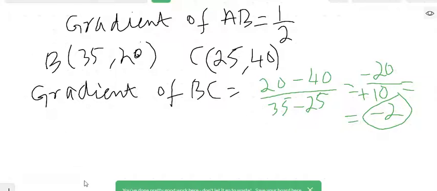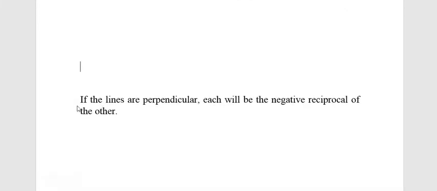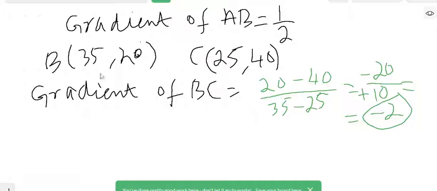The two lines are perpendicular if the gradient of each line is the negative reciprocal of the other. What does it mean? It means that the gradient of line AB is 1 over 2, so its negative reciprocal will be, first let me take the reciprocal of 1 over 2, it will be 2 over 1.